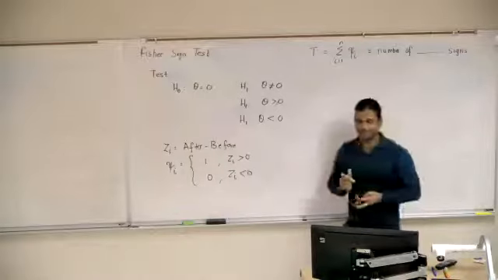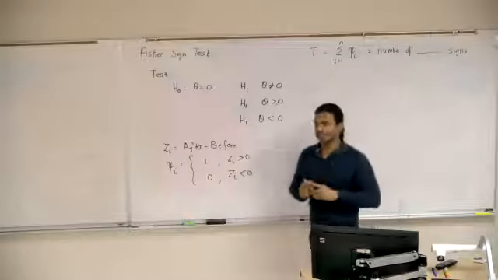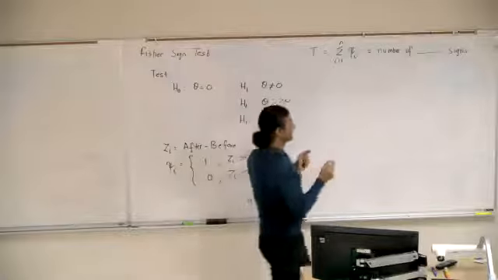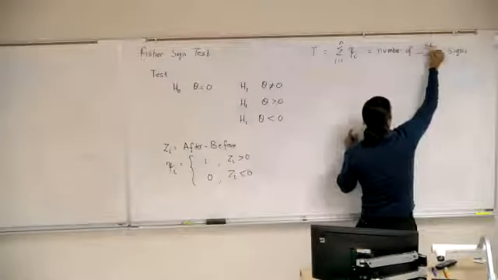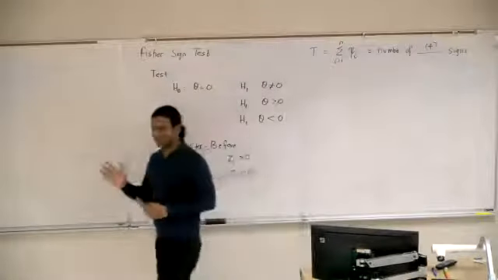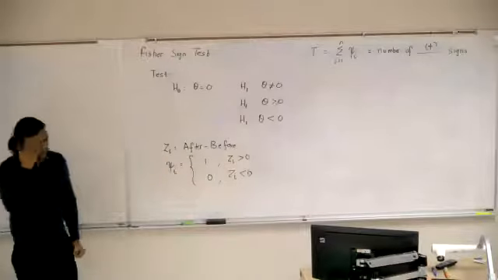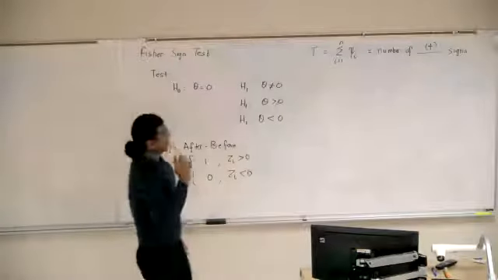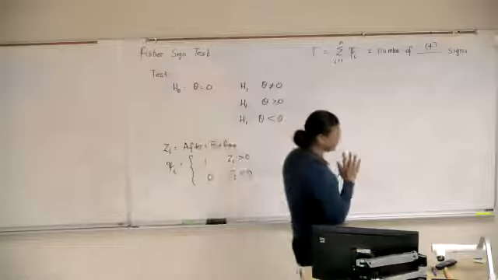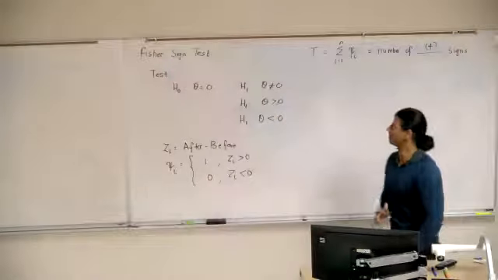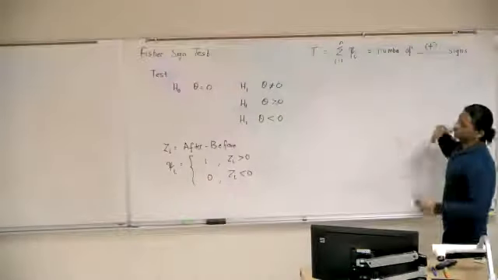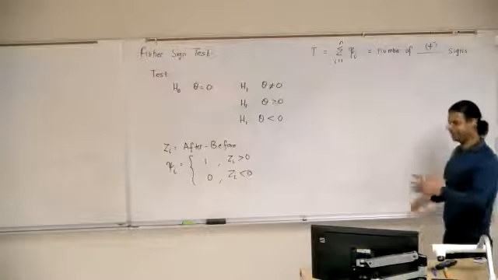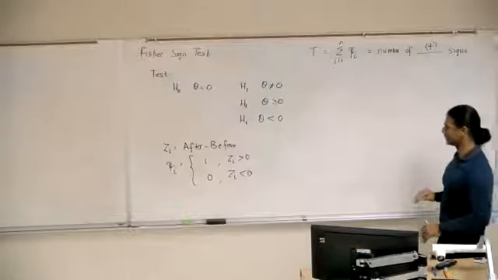Look at that indicator function and tell me: positive signs. That's all you're doing. You're adding all the positive signs, just like the Wilcoxon sign rank test. We will stick to the positive side. Of course, you can do it with the negative, doesn't matter, but we'll stick with positive.